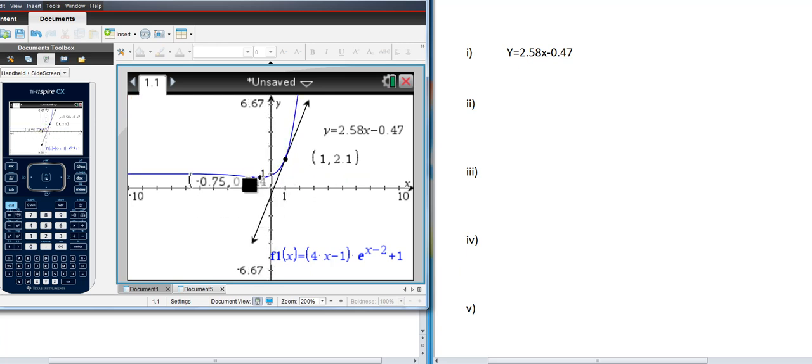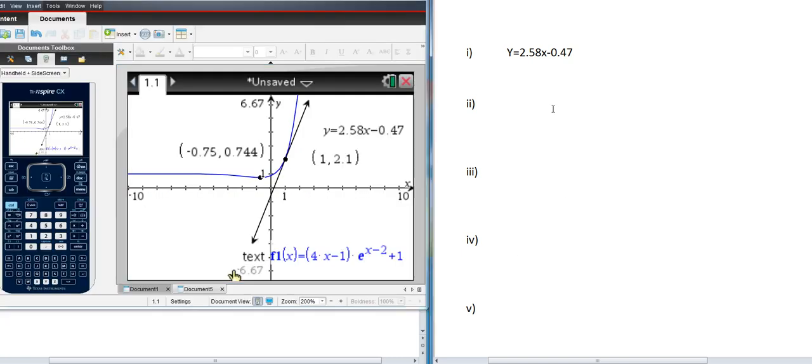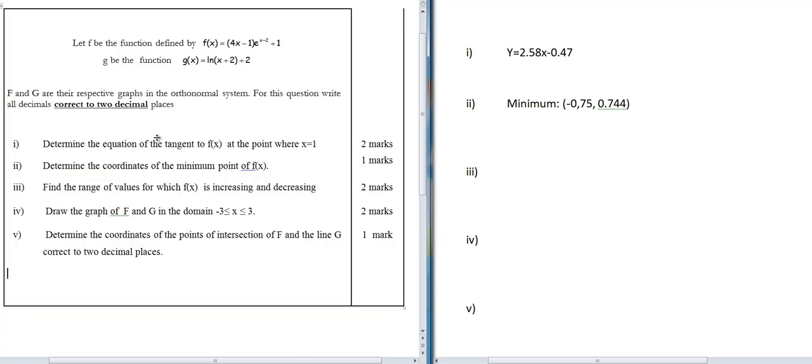You can see that these are the coordinates for the minimum: minus 0.75, 0.744. They said something about, let's see, for the questions, write all decimals correct to 2 decimal places. Okay, so I'll round it.